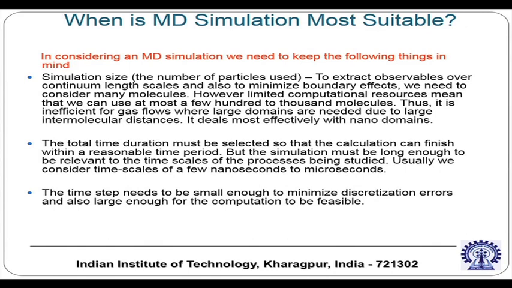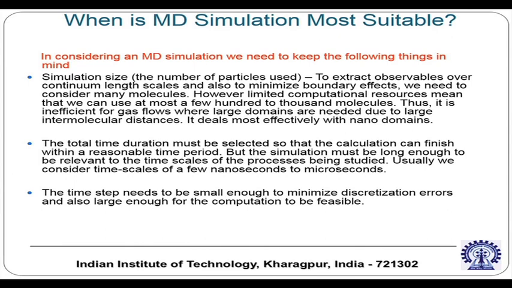When is molecular dynamics simulation most suitable? In considering MD simulation, we need to keep the following things in mind. Simulation size: by molecular dynamics we mean it is not a grid size, it is the number of particles that we think of. To extract observables over continuum length scales and also to minimize the boundary effects, we need to consider many molecules. However, limited computational resources mean that we can use at most a few hundred to 1000 molecules in normal computational platforms.